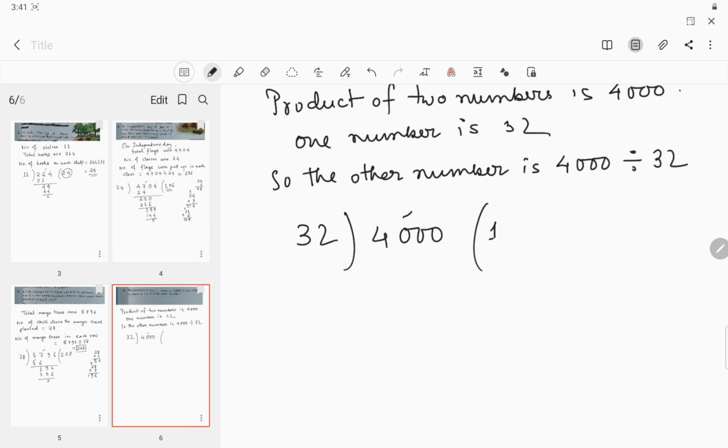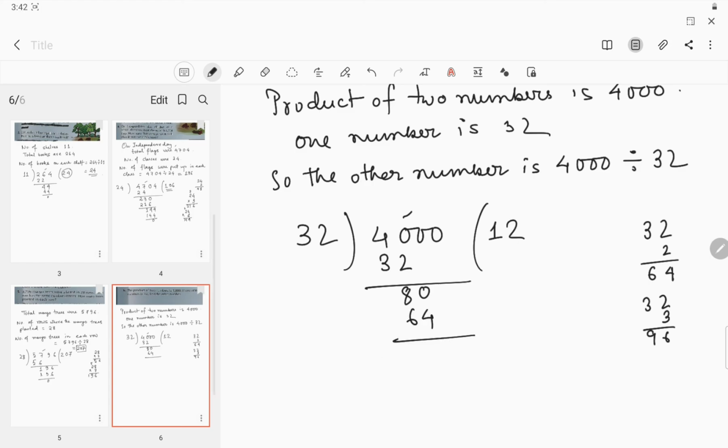Okay, now 32 ones are 32, so subtracting it will be 8, and now bring down 0. If you multiply 32 by 2, it is 64. 32 3s are 96, which is beyond 80. So now it will be 32 2s are 64.